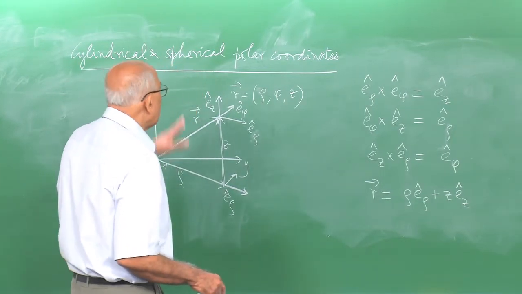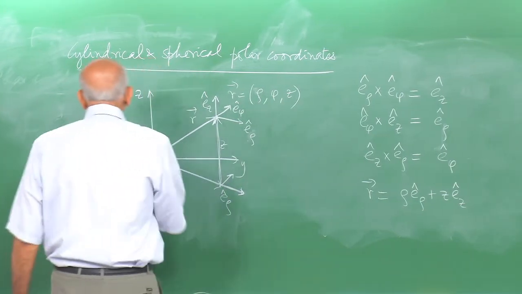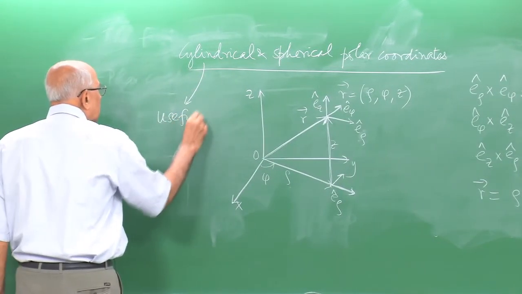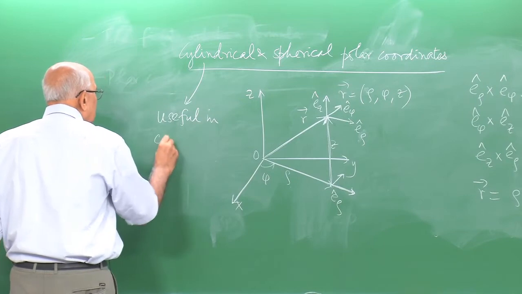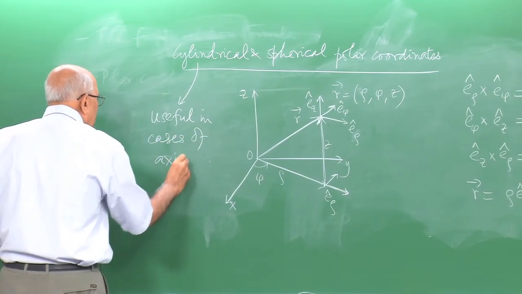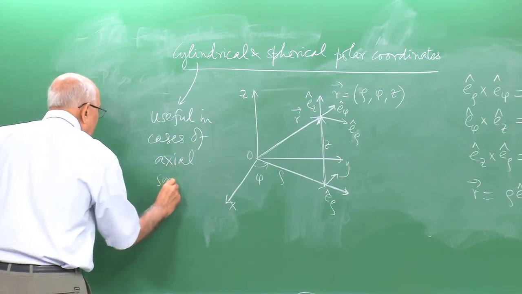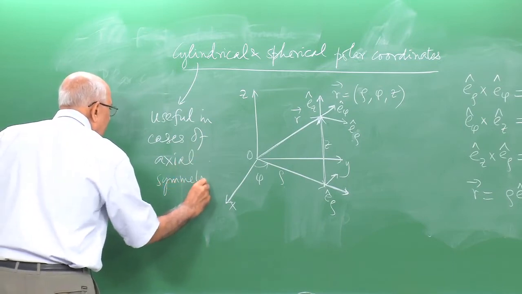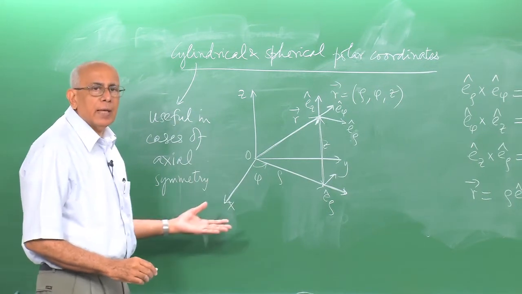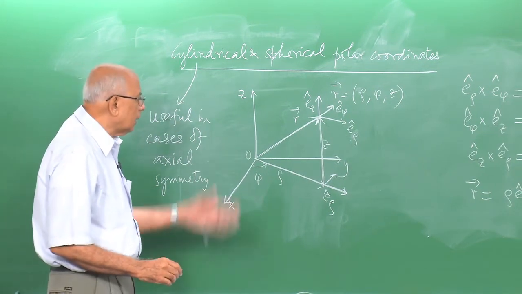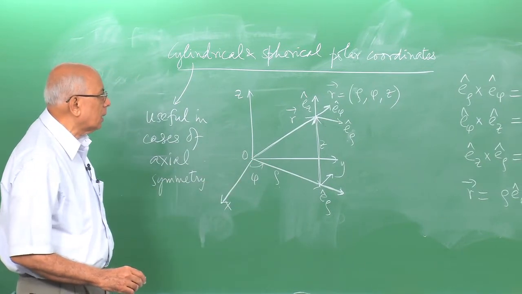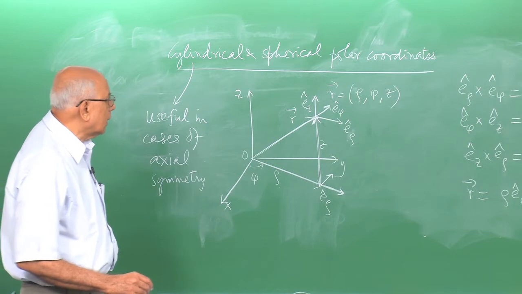So it's useful in cases of cylindrical or axial symmetry. If there's a preferred axis, then it's convenient to choose that as the z-axis or preferred direction and use plane polar coordinates in the plane perpendicular to it. So that's the use of cylindrical polar coordinates.